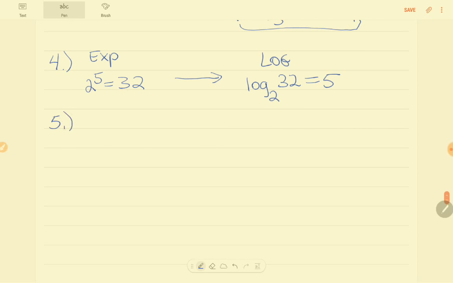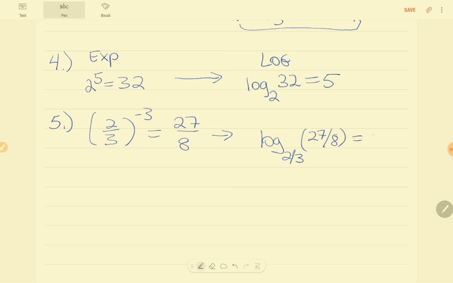Number 5, 2/3 to the negative third power is equal to 27/8. So that's exponential form, so I'm going to do it as log base 2/3 of 27/8 is equal to -3.